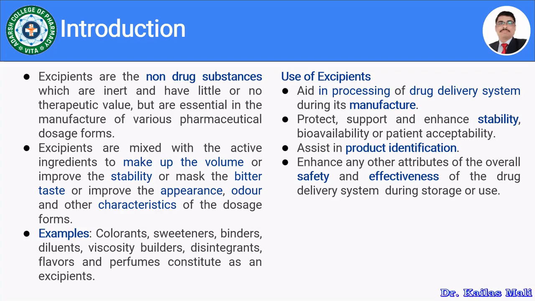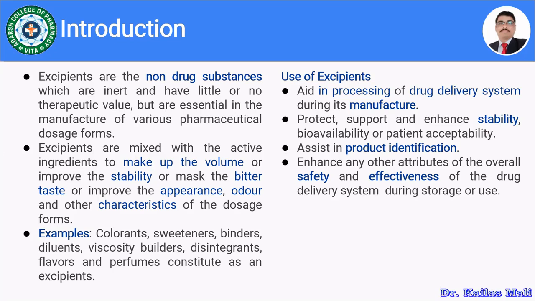We mix these excipients with the active medicament, which has the pharmacological action, to make up the volume. Maybe it acts as a bulking agent, like starch, lactose, or microcrystalline cellulose.